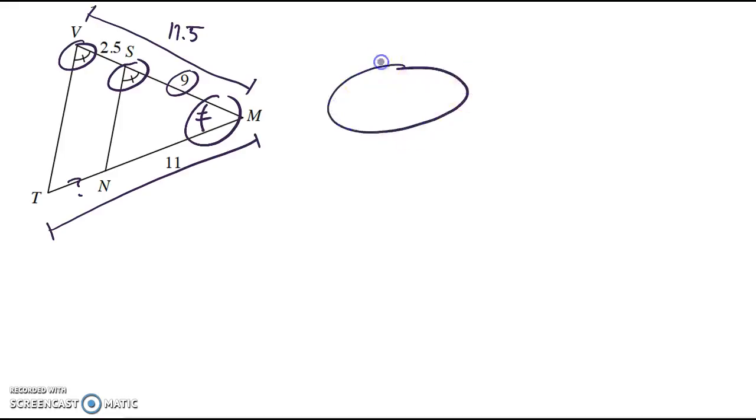So when we make our flowchart, let's say angle NSM. So angle NSM, don't just say S there because it could be the other one, is congruent to angle TVM, and that was given to us.